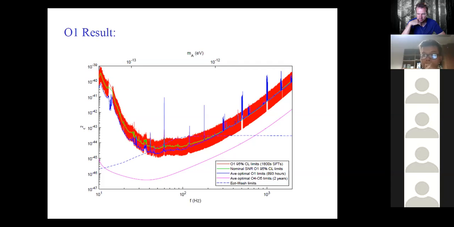For U(1) B, that's actually a good question. I'm not 100% sure about the answer, but my very naive guess is that the Eöt-Wash experiment is rotating on a turning table, and that will somehow distinguish different choices of elements, so they may have a sensitivity to U(1) B. I'm not 100% sure about that answer.